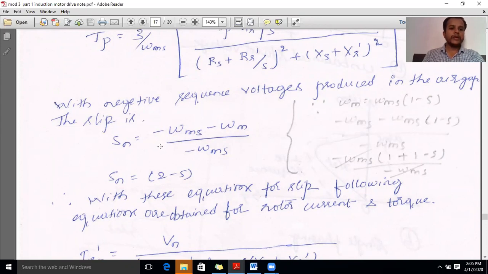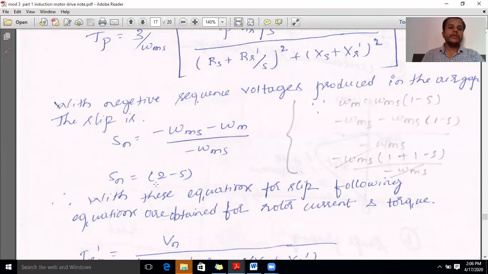So whatever the omega ms was there, it will be minus omega ms. The RMF which was rotating with the speed of omega ms, in the case of negative sequence voltage is rotating in the reverse direction, that is minus.